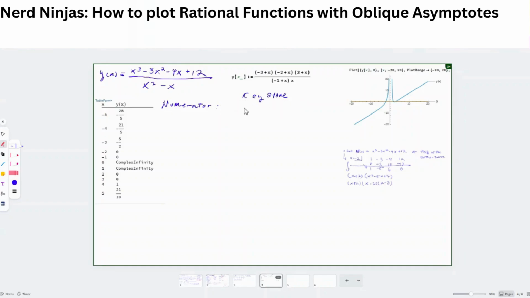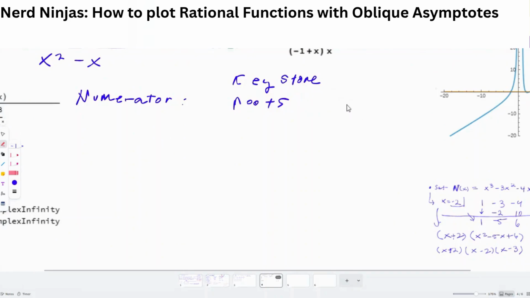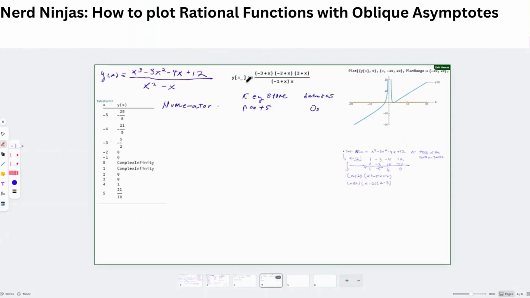And the denominator tells us the vertical asymptote. Very good. And so we know that the roots are zeros. So what are they? The roots for this one were 2, -2, and -3.